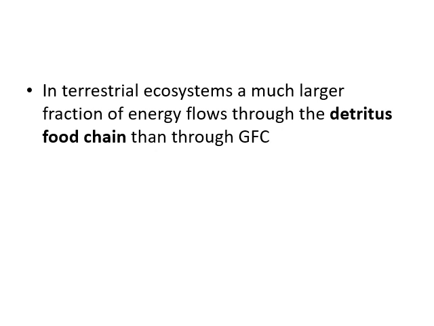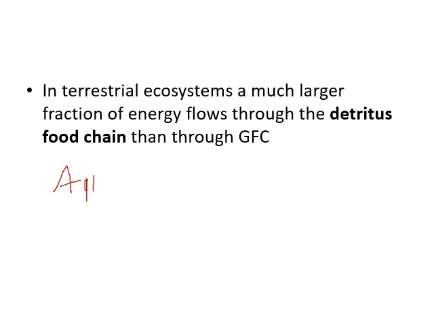And if we see a terrestrial ecosystem, a much larger fraction of energy flows through the detritus food chain as compared to GFC. So we have two types of ecosystems. One is aquatic ecosystem.